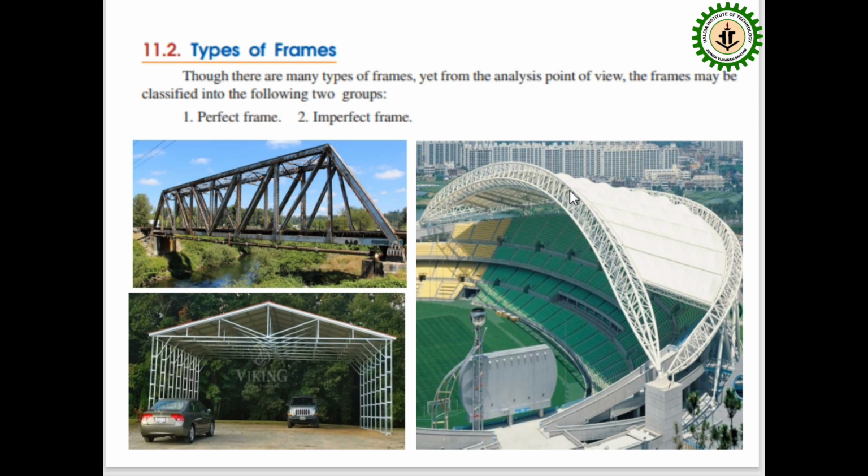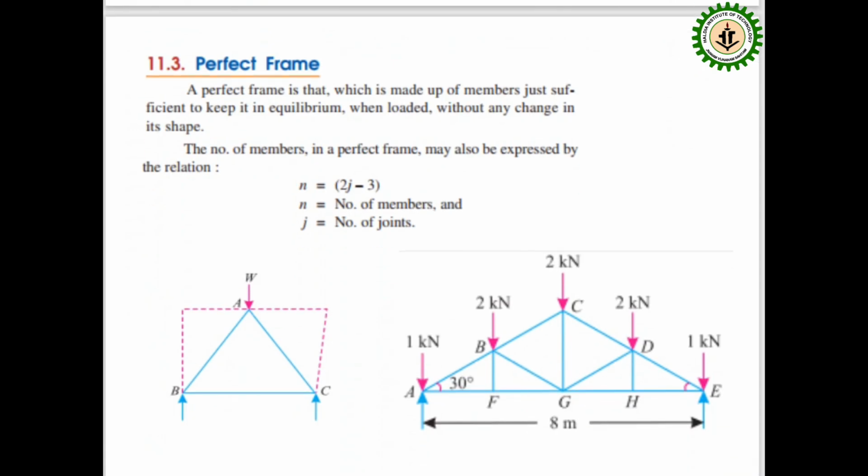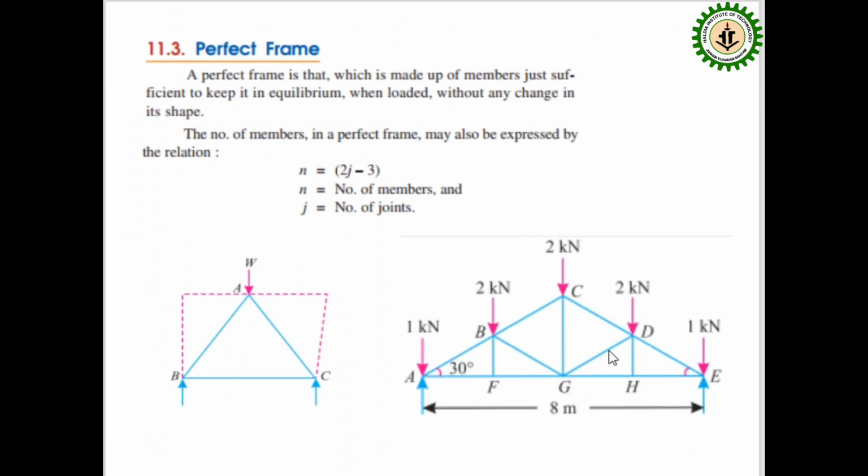So there are two types of truss frame. One is called perfect frame and another is called imperfect frame. According to their arrangement and number of members, this is called a perfect frame member, and the other type of frame member or truss member is called an imperfect frame member.